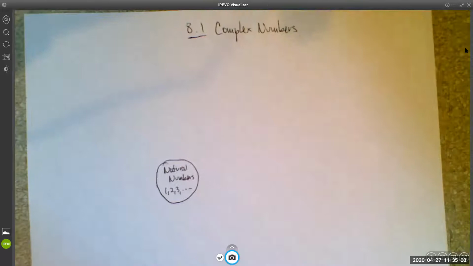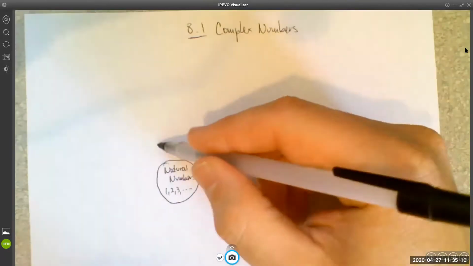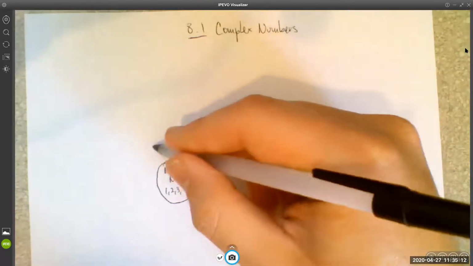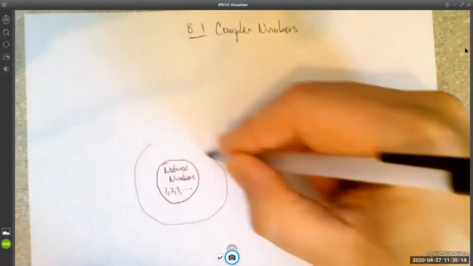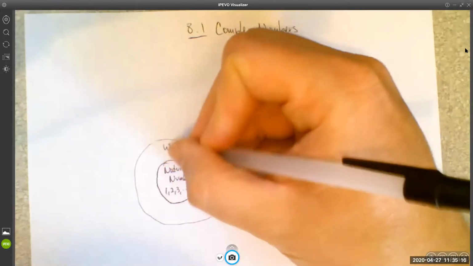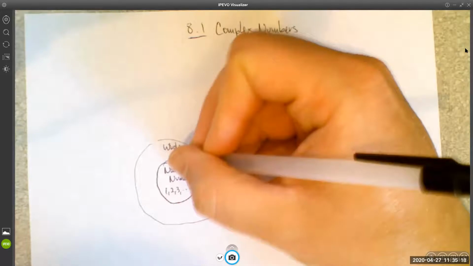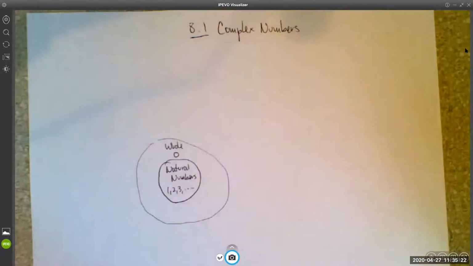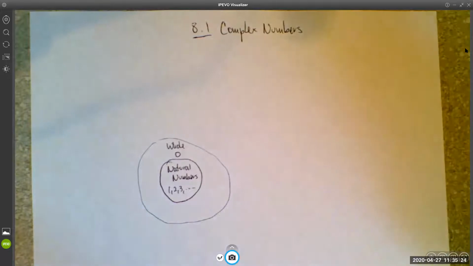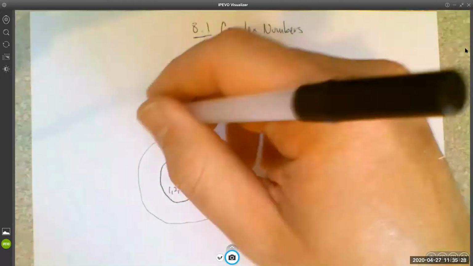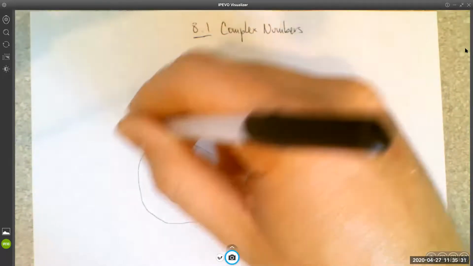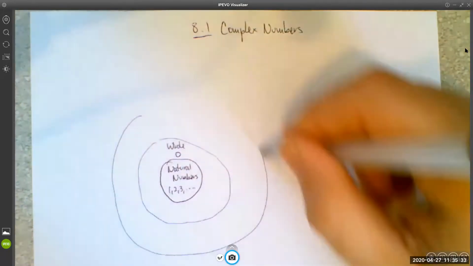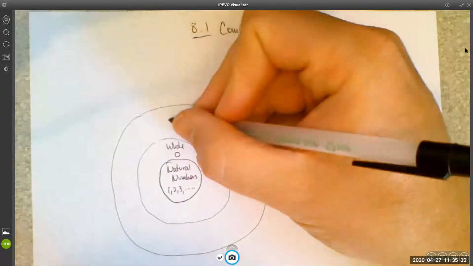While you're doing all of that, at some point your teachers probably throw 0 into the mix. So when you take the natural numbers and you put 0 in the mix, then you've got the whole numbers. So the whole numbers are just the natural numbers, but with 0 added in to the mix. And then at some point around maybe 6th or 7th grade, you start talking about negative numbers, negative whole numbers, and those are called integers.